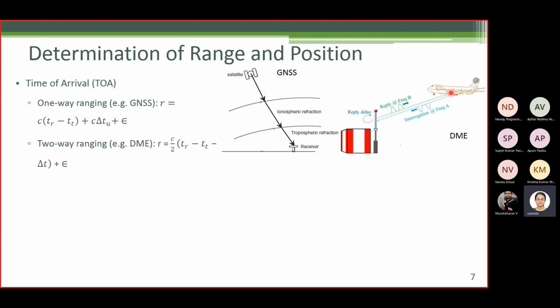So using DME, we can find only the two-dimensional position. We do not use DME measurements to find the height because the geometry in the vertical direction is not good. All the stations are based on the ground, below the aircraft. So height accuracy is not good in case of DME. In case of GNSS, we can find 3D position.